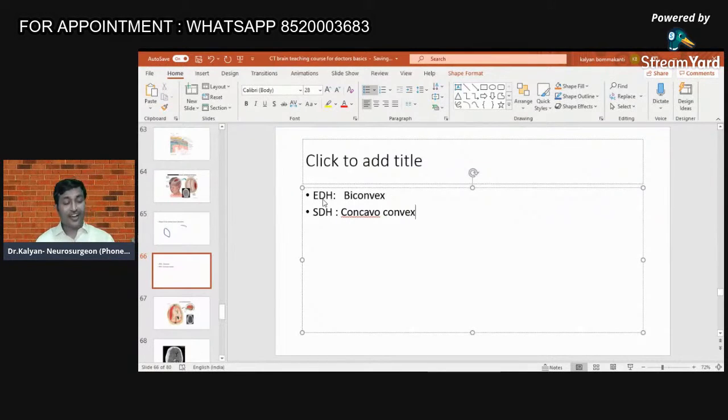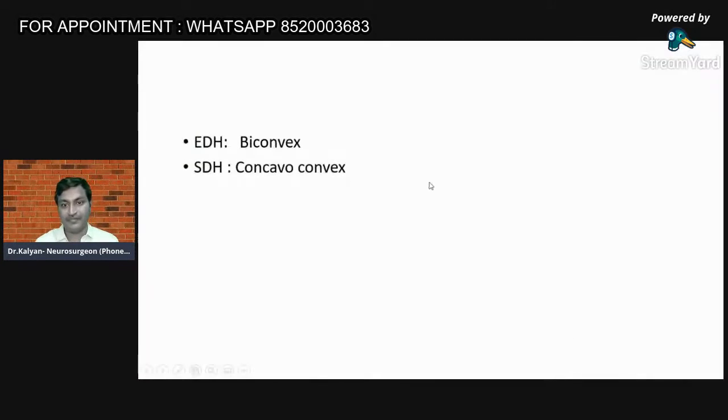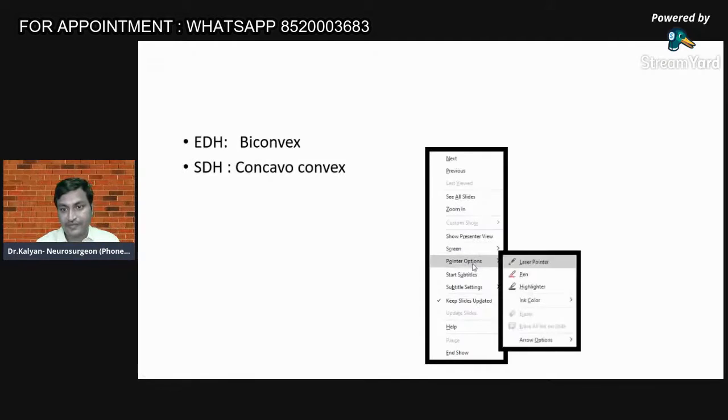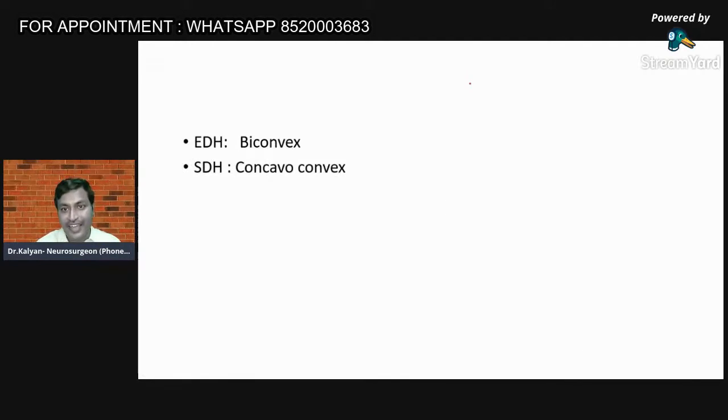And how do I remember? Now I have told you EDH is biconvex, SDH is concavo-convex, it's very easy. But in real life, it's always confusing to remember. So how do I remember is, extradural hematoma starts with E. Subdural hematoma starts with S. In EDH, both the curves are to the same side.